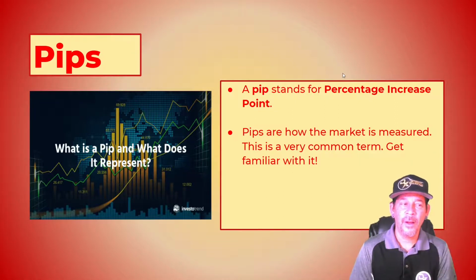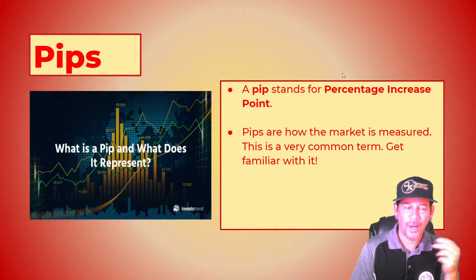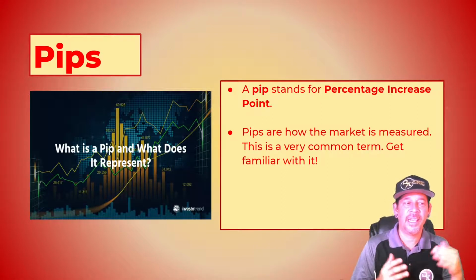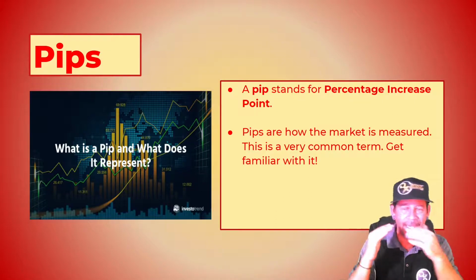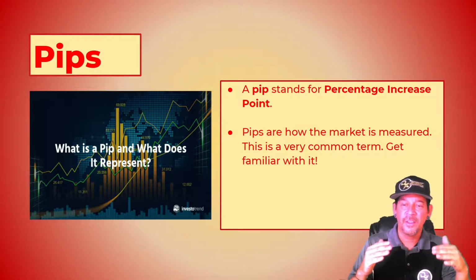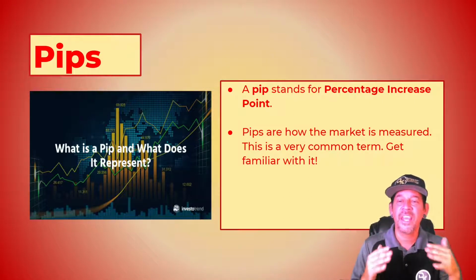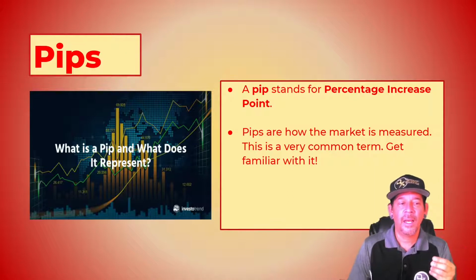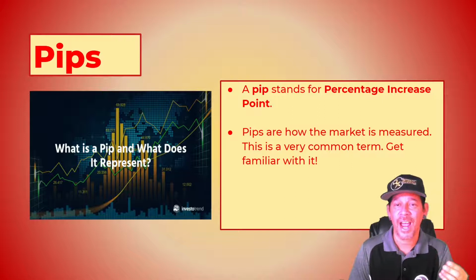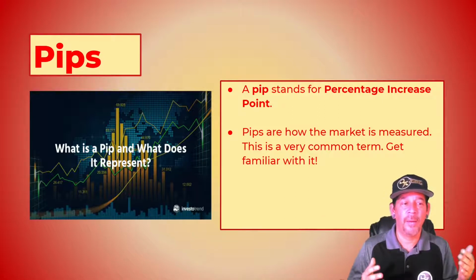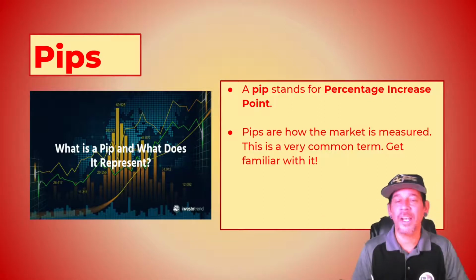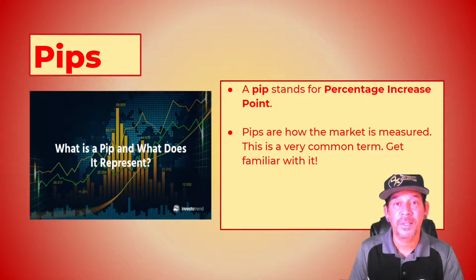If you remember in past videos when I was talking about the home team and the away team and how the graph is the scoreboard, think of a pip being how the score is tracked. So if the home team is going up, we track it by pips. The home team is winning by 20 pips.